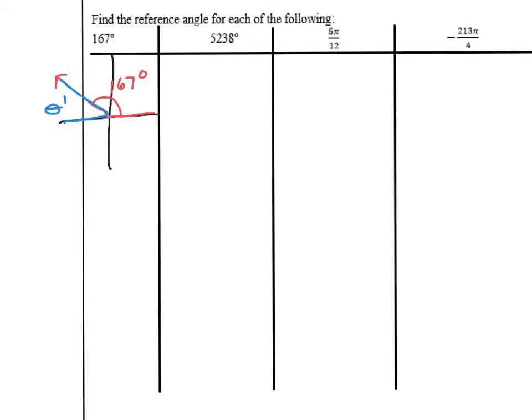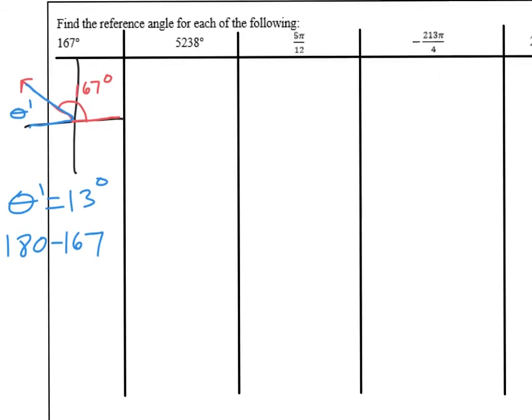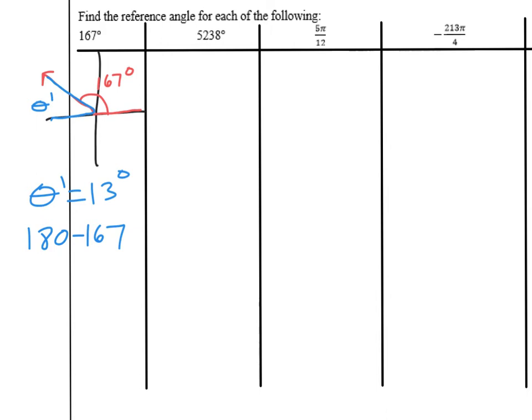Now, some of you could just do the math in your head and look at that and say theta prime is 13 degrees. That's the reference angle for 167. If you want the math behind that, 180 minus 167 is how you get 13 degrees. All right.